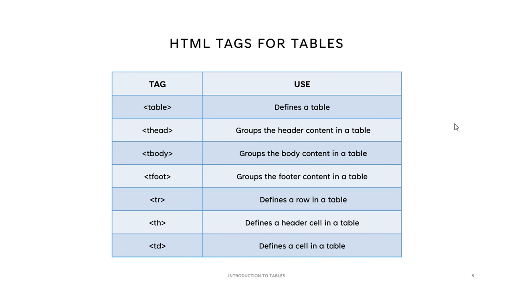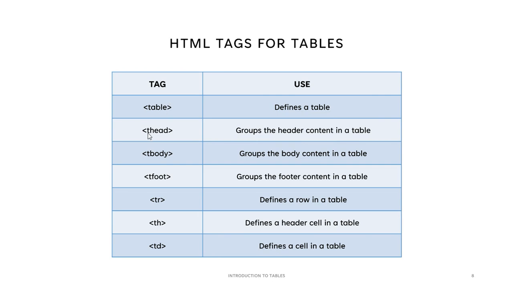This list here is not a complete list, not an exhaustive list. There are other tags, but these are the most important tags you will need to build your table. Let's talk about them one by one. The first tag is the table tag. You start with the table tag. You wrap the entire table around the table tag.